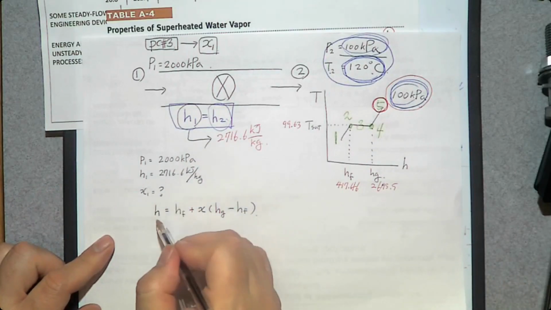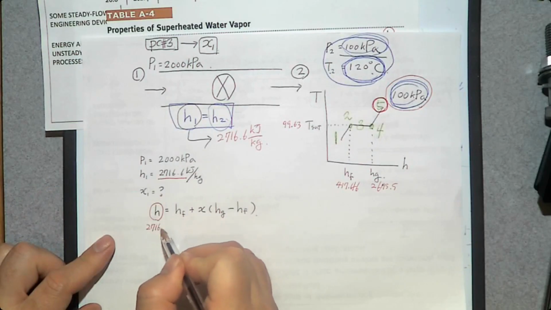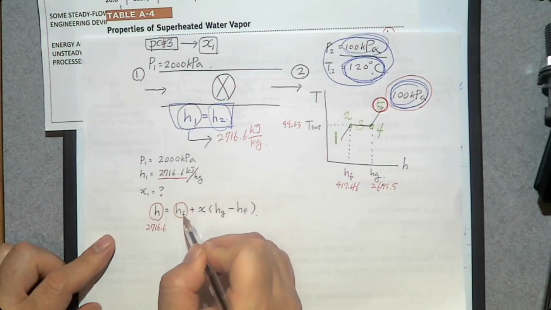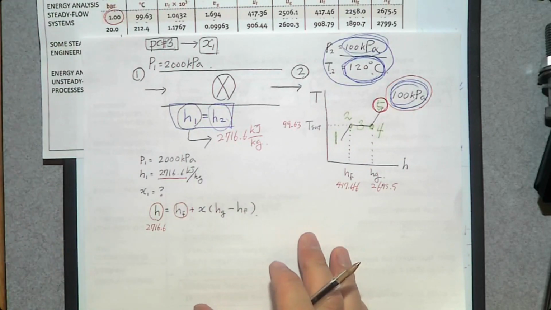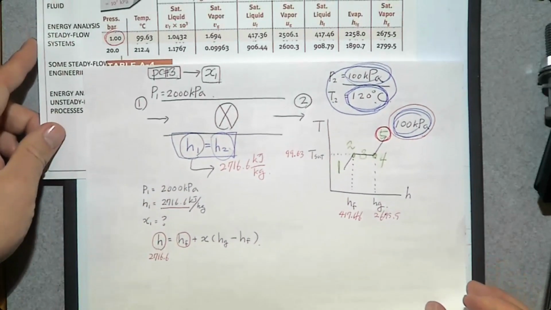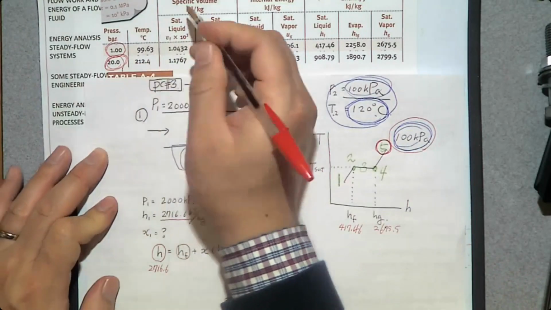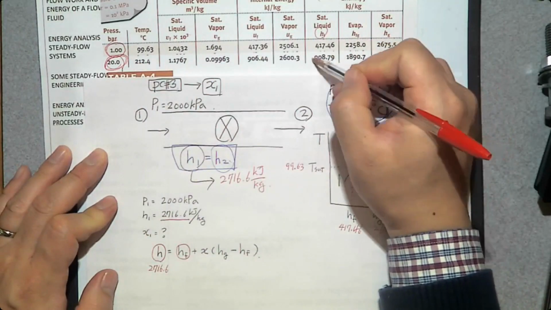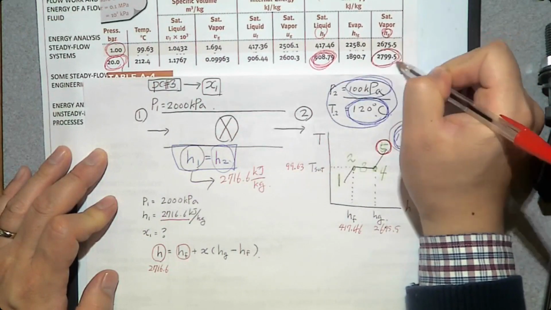Then do we know h? Yes, 2716.6. Do we know hf? We can find it from where? From the pressure table, 2000. So here is 2000 kilopascal. Where is hf? This number. Where is hg? This number.